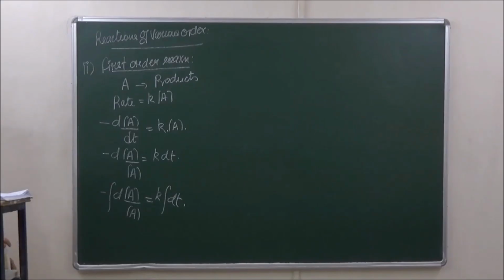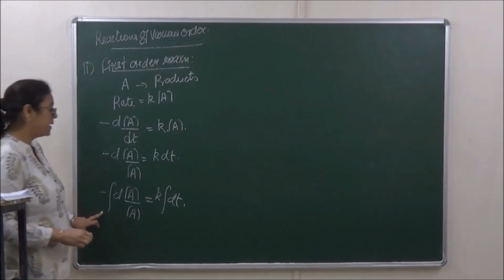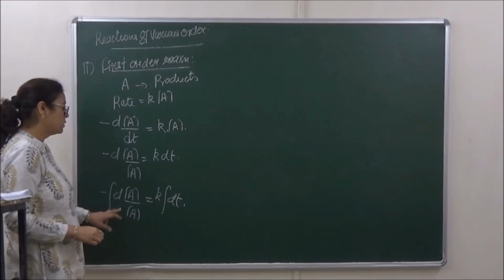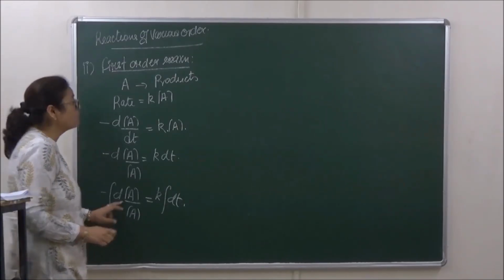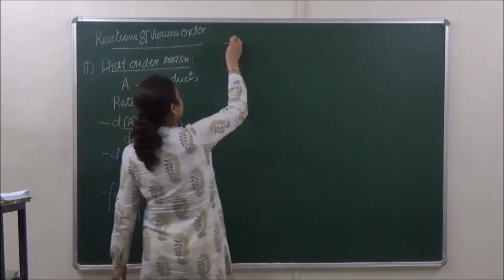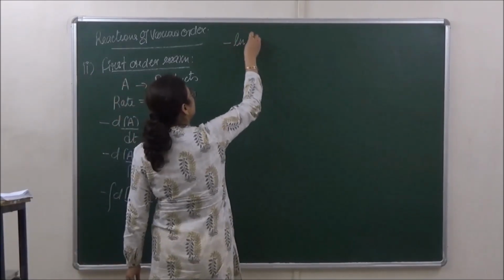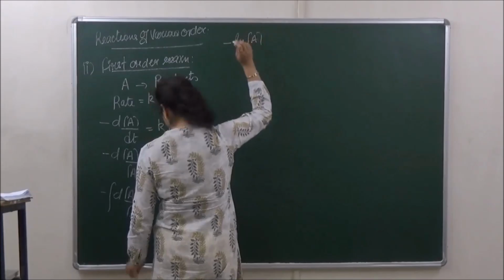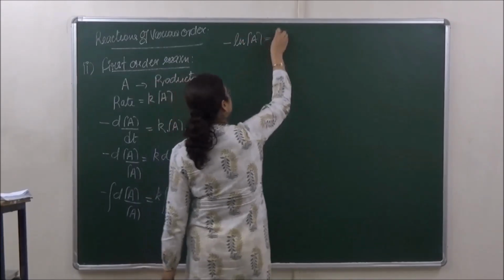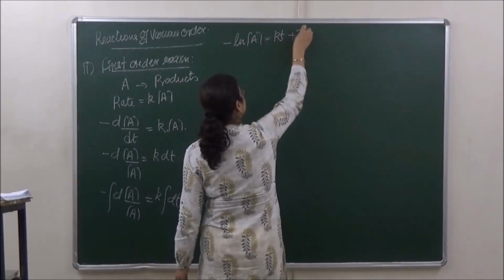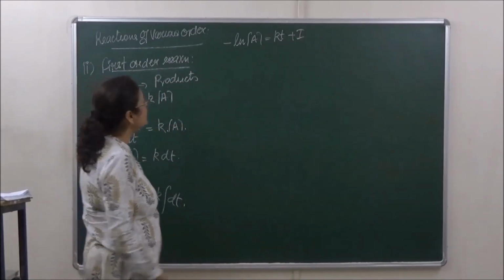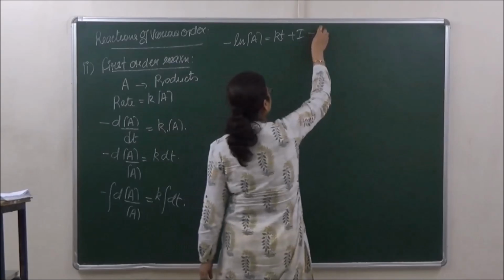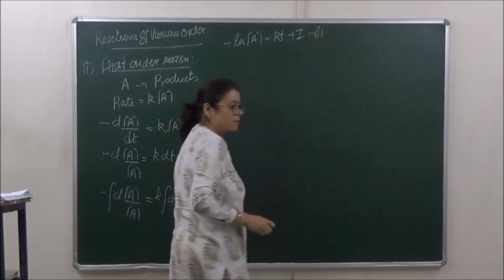Okay? Now integrating both sides, we've got this. Now in order to calculate this, what we will get is minus natural log of concentration of A, that is equal to Kt plus I, right? So let's say this is equation number 1.